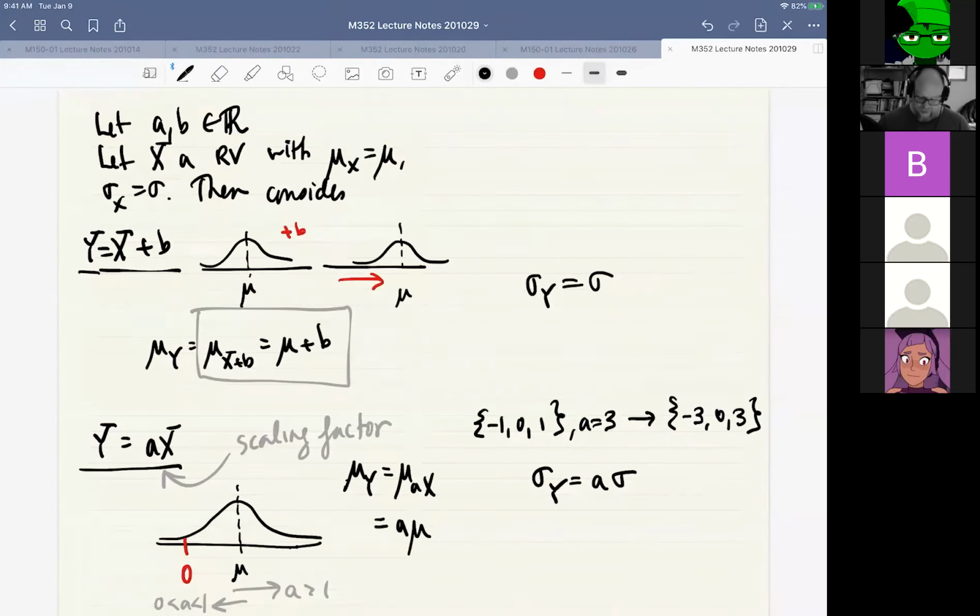And generally, you say absolute value of A, because if you calculate the variance, the variance gets changed by A squared. And so if you take the square root, then you end up with the absolute value.